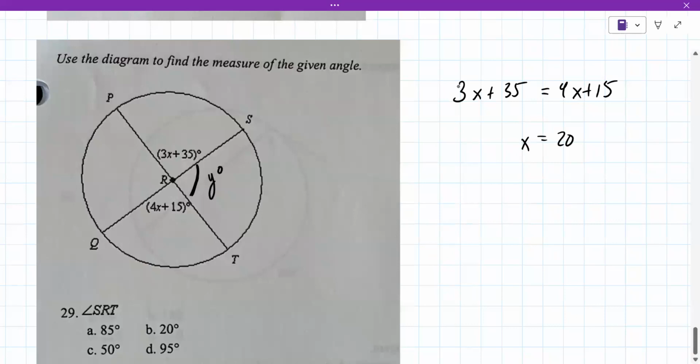Call that Y for the moment. So the other angle, 3x plus 35, 3 times 20 plus 35 is 95. So yes, they have to add up to it. Good. This is a really good question because of a lot of misdirection. He doesn't want X. I would have put X as A, then I would have put the next ones as B and C. But really good job there on that.